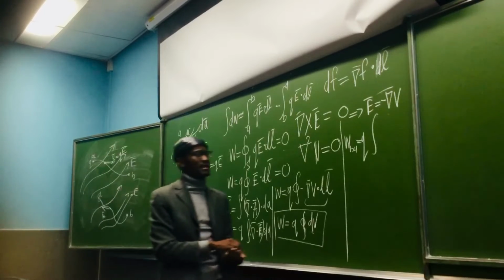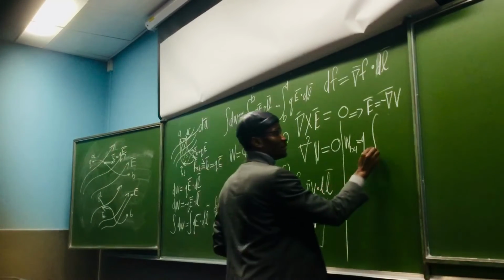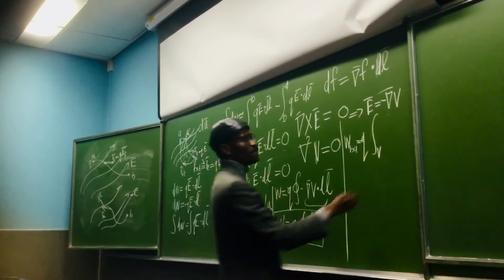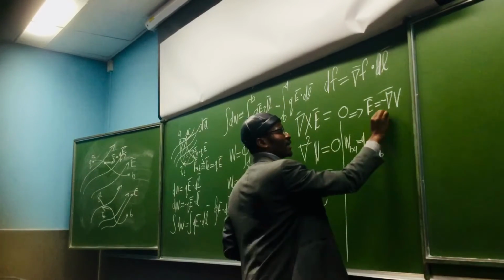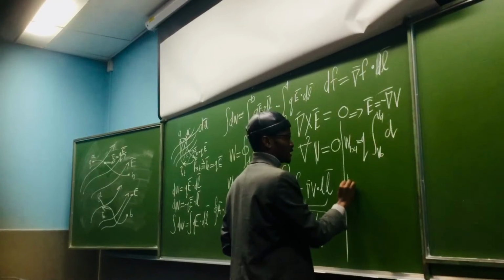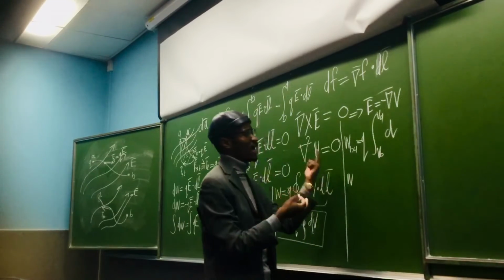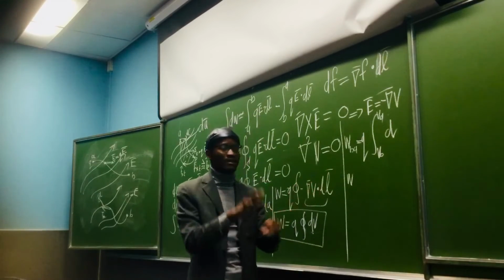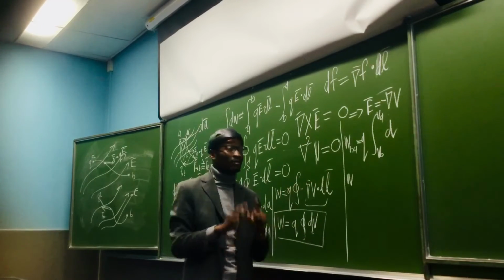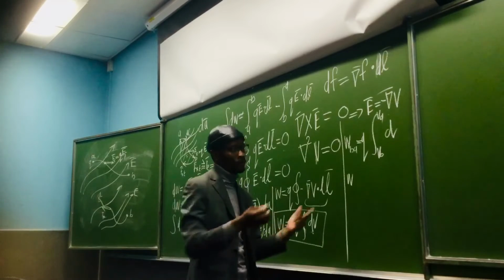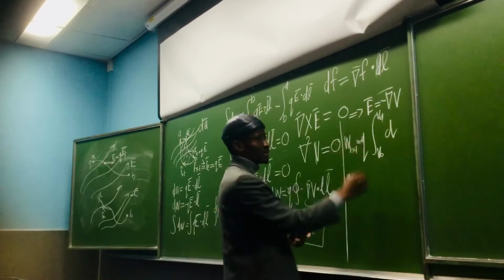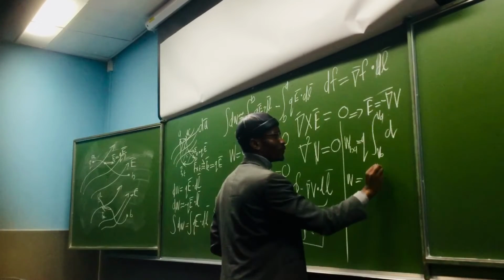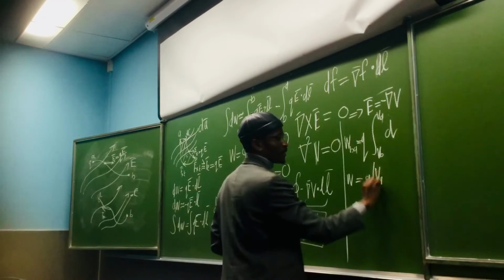Before we put it in, let us put in the bounds, from V at B to V at A, of dV. This gives us the work. From this point onwards, W represents the work from B to A, which becomes simply Q times the potential at A minus the potential at B.